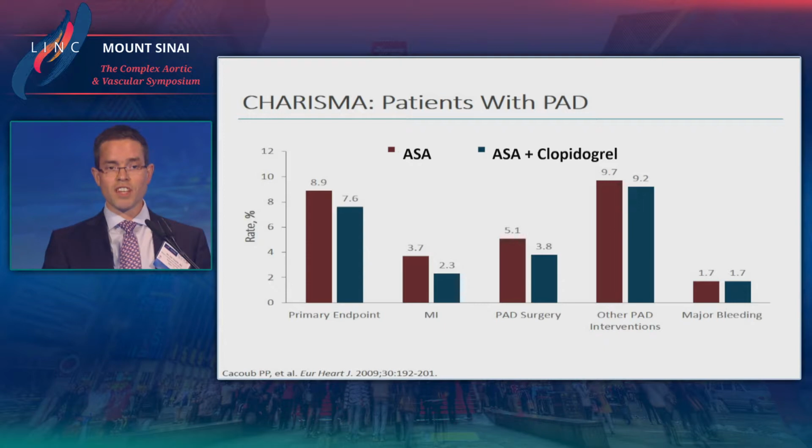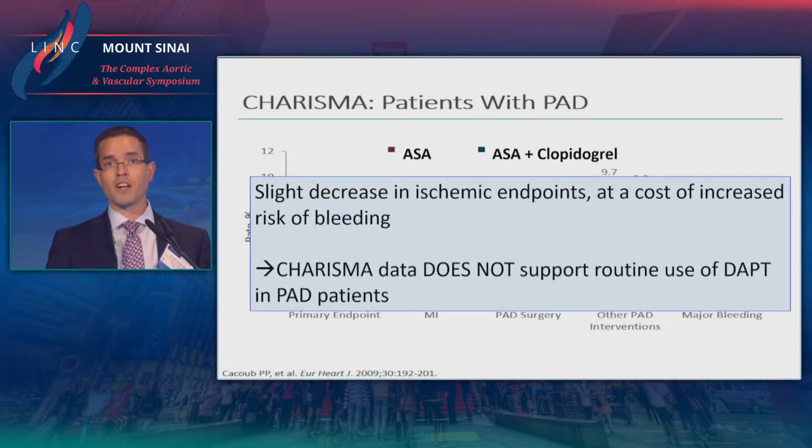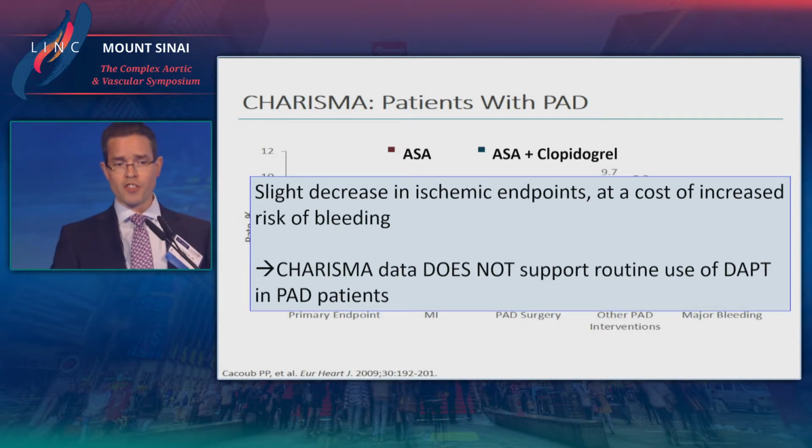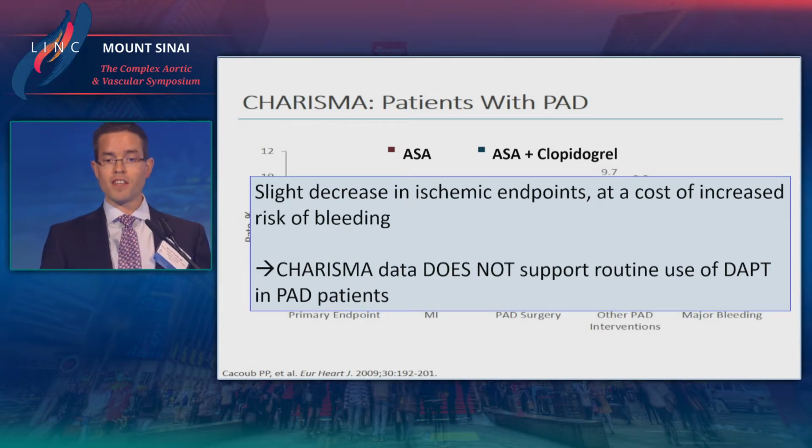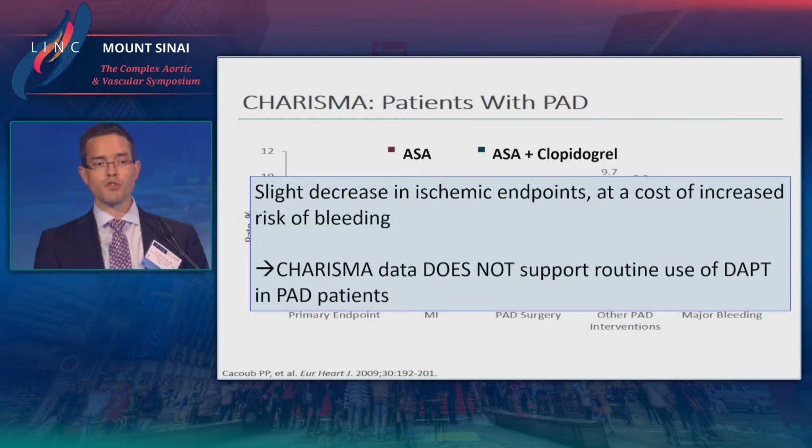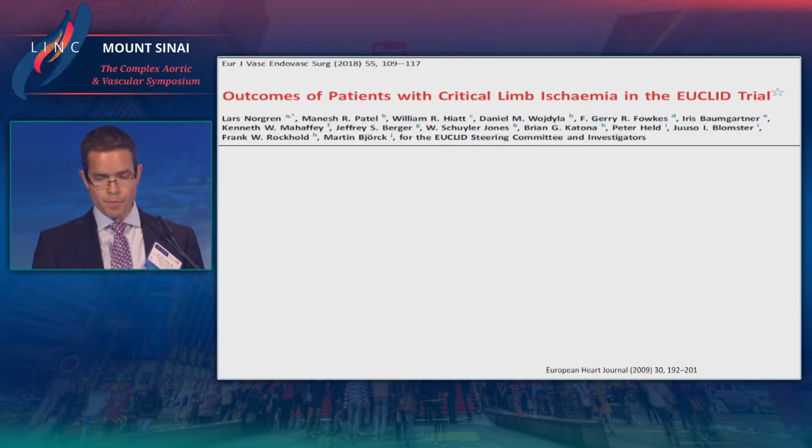However, when this is tested in a clinical setting, such as was done in the CHARISMA trial, there's really no significant advantage of using dual antiplatelet therapy. There's a small reduction in ischemic endpoints at the cost of increased risk of bleeding. So the consensus interpretation of CHARISMA is that these data do not support the routine use of dual antiplatelet therapy in PAD patients and almost by extension in CLI patients.